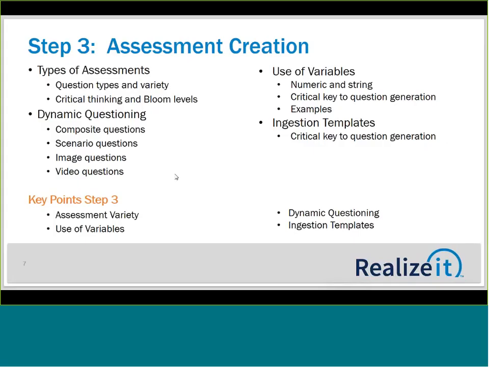implementation, if you will. It takes a very, very long time to manually put in question by question by question and the different choices and the different styles. So you can actually increase your time and increase the workload quite a bit on this slide by not using variables, by not using the different types, and by not using the templates for ingestion.